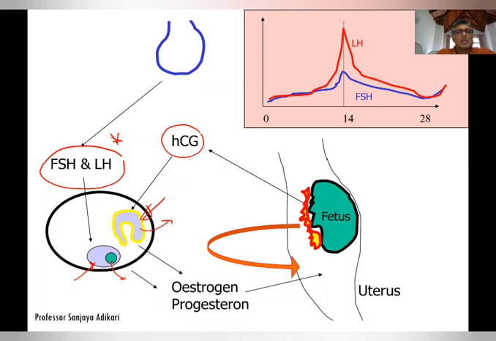So HCG goes down by that time, and the corpus luteum of pregnancy degenerates. Inside the ovary, if you check here, you see the degenerated corpus luteum of pregnancy. So you continue with the estrogen and progesterone produced by the placenta itself to maintain the endometrium until the baby is delivered.